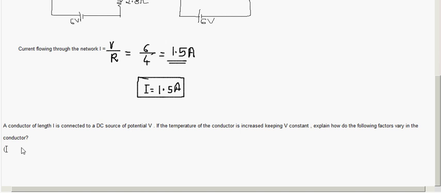So the first factor is resistance, and the second factor is electric current.